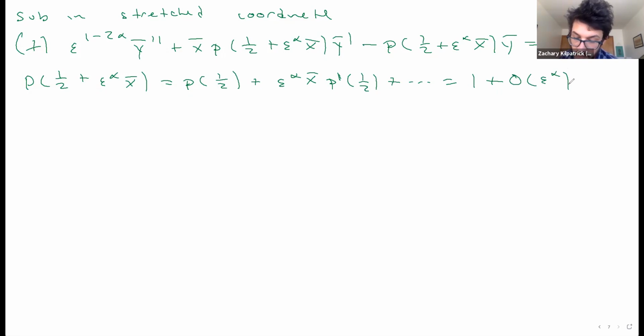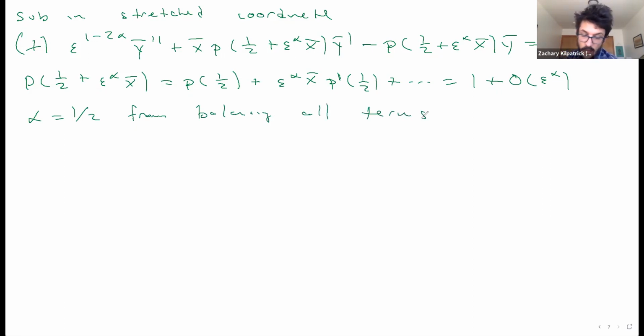In order to balance my terms, I only need two to leading order. These are just order 1 terms, right? So I get alpha equals 1/2 from balancing all terms.